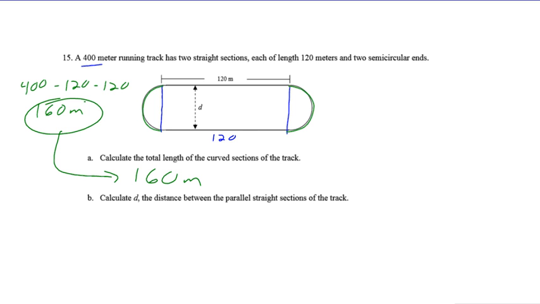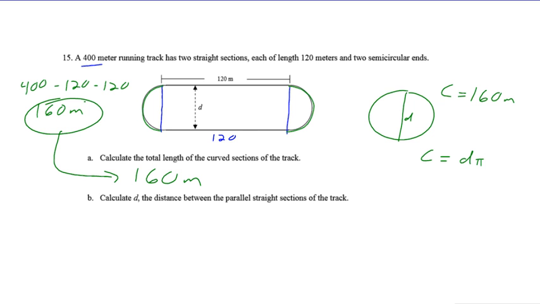I'm going to take out the middle part of the track, the rectangular part of the track. The diameter of that circle, by putting the two ends together, is the distance between the two parallel lines on the track. We just found out that the circumference of this circle equals 160 meters. The circumference, we also know, equals the diameter times pi.